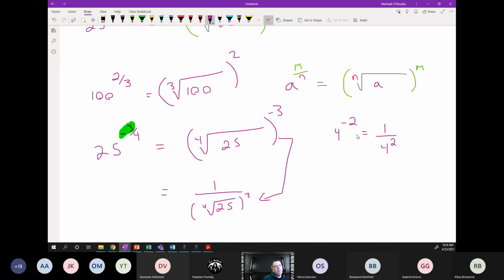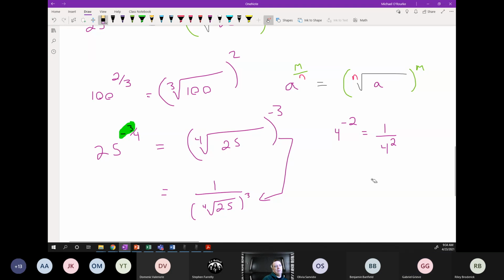Those two things are equal. So 4 to the negative 2 squared is the same as saying 1 over 4 squared. These will get us the same answers. So if we want to change a negative exponent to a positive exponent, we flip it. Okay?